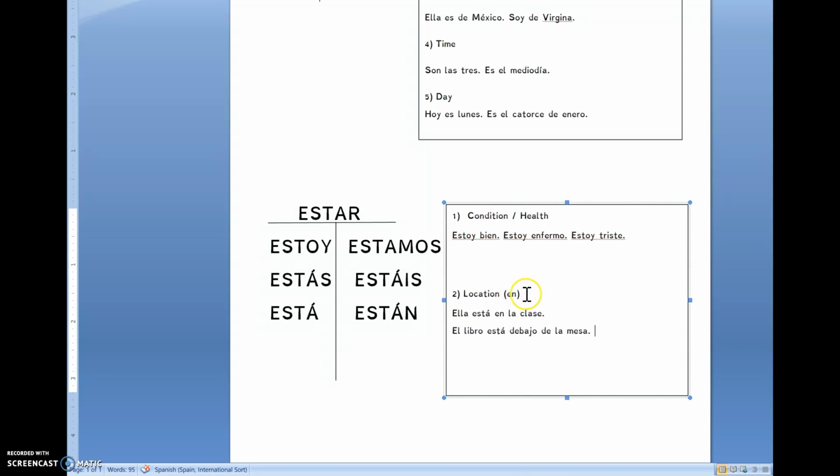You're going to use en, not a, with estar. En means in, at, or on, that you are in that location. A means at or to, telling direction towards. So you're not typically going to use a with the verb estar. En or any of the other prepositions, enfrente, delante, detrás, that we learned and that you had your review quiz on. So make sure you have all this written down on your green grammar sheet.